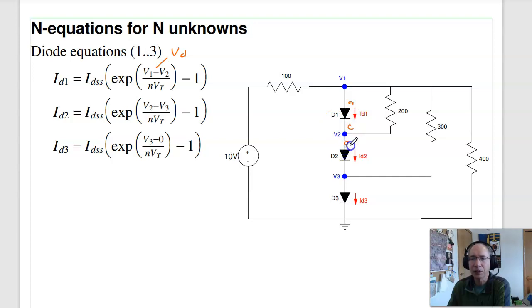Diode 2, anode to cathode, sees V2 versus V3. Diode 3, anode to cathode, sees V3 versus ground. And these are going to change depending upon where the diodes are in the circuit. Just think about each diode by itself. The diode doesn't know or care about anything else in the circuit. All it sees is anode to cathode. What are those 2 voltages? So that gives me 3 of the 6 equations I need.